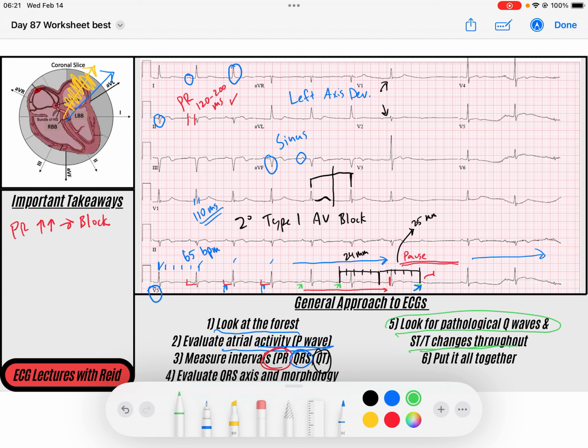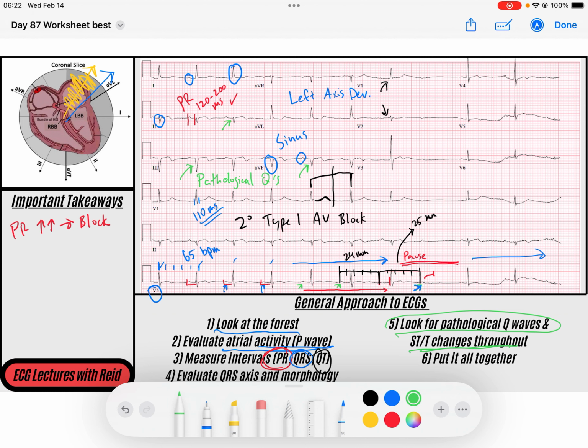And what I notice, first thing I notice, is that I've got these deep Q waves in my inferior leads, right? My inferior leads start off with these Q waves, especially leads 3 and AVF. So leads 3 and AVF have pathological Qs.